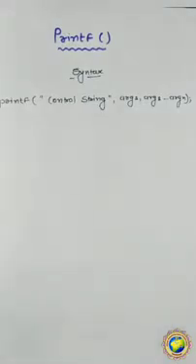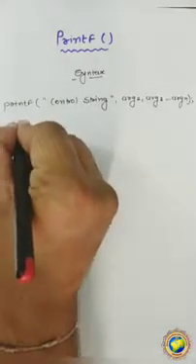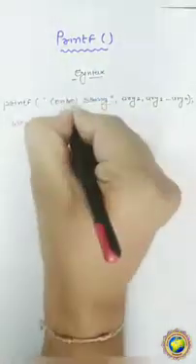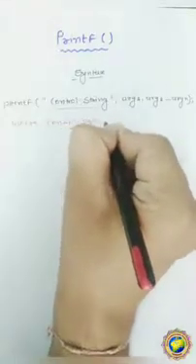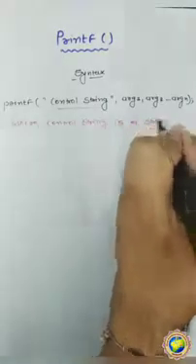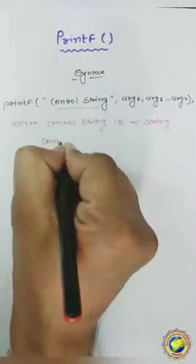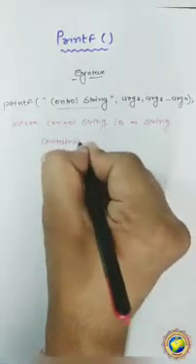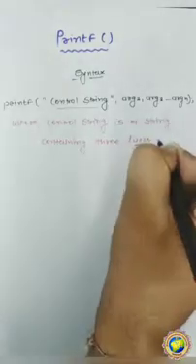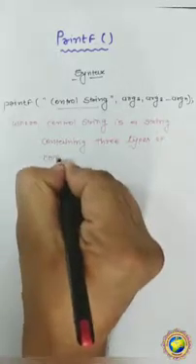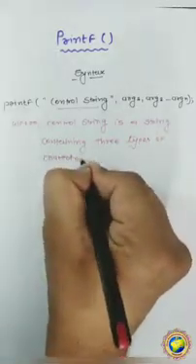Here control string is a string containing three types of characters.